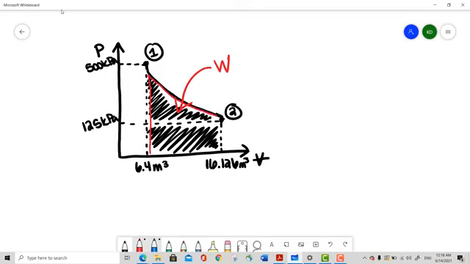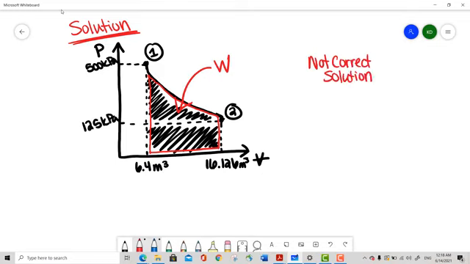So the example that I wanted to give about drawing an incomplete diagram is, okay, so this is the solution. I want to give you an example of a not correct solution. A not correct solution would just be doing this.